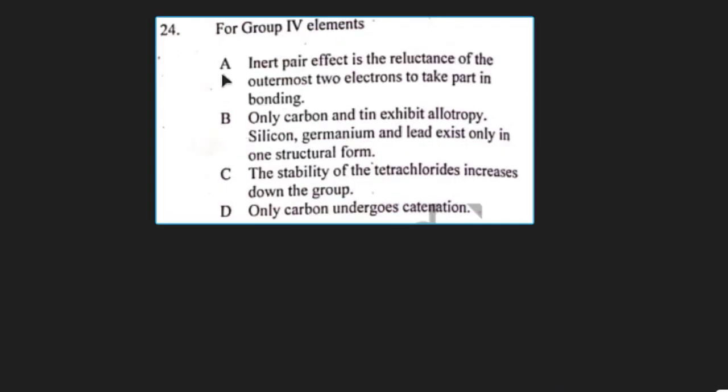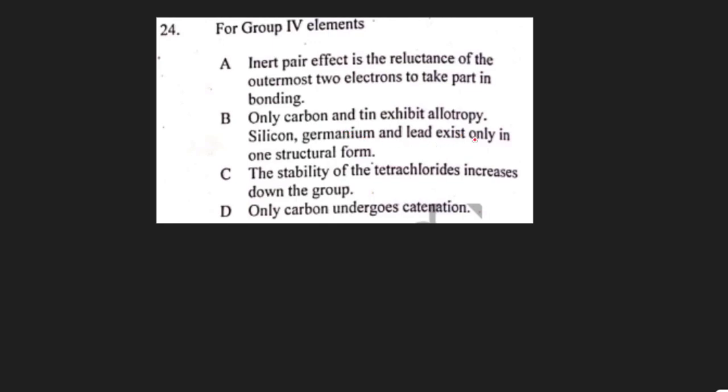Question 24. We have to identify the true statement for group 4 elements. We realize that inert pair effect is the reluctance of the outer s electrons of the lower group 4 elements to take part in bonding. So A is incorrect because there is no precision about s electrons. So B, only carbon and tin exhibit allotropy.